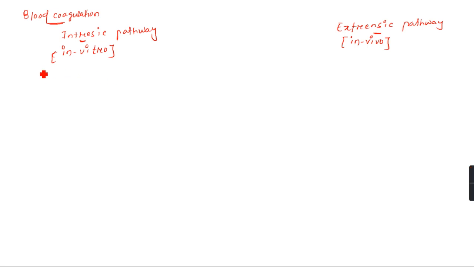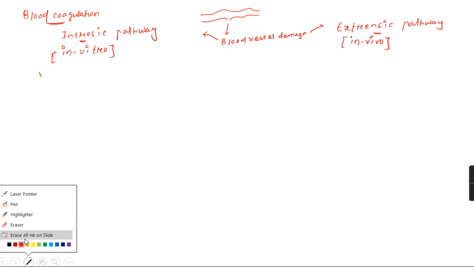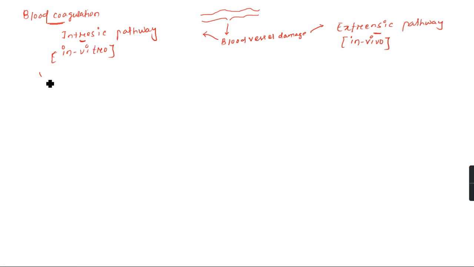So when there is blood vessel damage, such a pathway gets activated. Let us first discuss one pathway. It is activated by the activation of factor 12 to its active form, factor 12A.